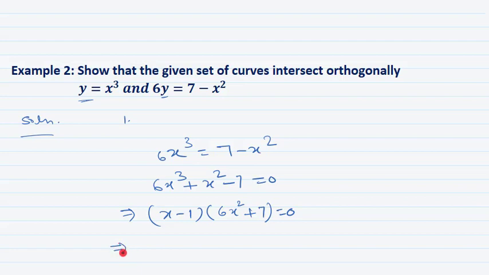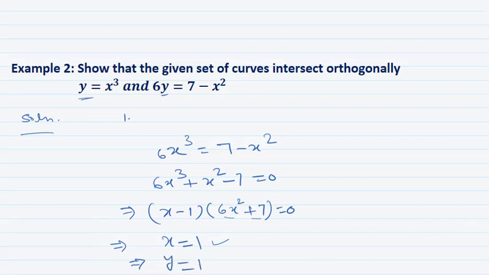From here we get only one real value of x, which is x is equal to 1; from the other factor we get imaginary values. So rejecting this factor, we take only the real value x is equal to 1. Now at x is equal to 1, we can easily calculate the value of y, which is clearly equal to 1, so y is equal to 1.